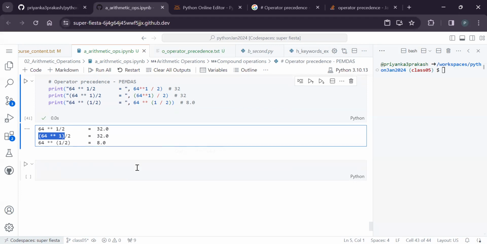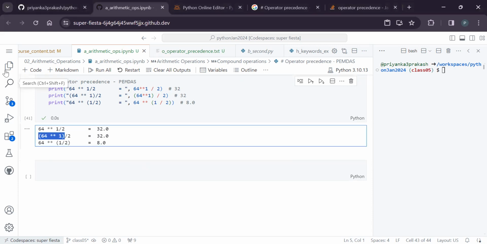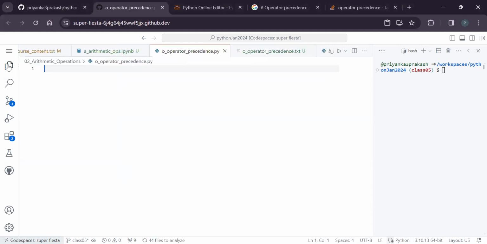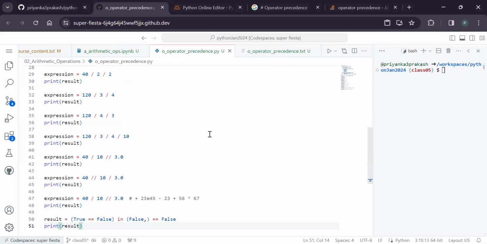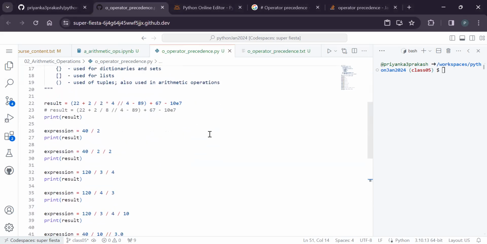Similarly, I have an assignment for you in terms of PEMDAS. You can try different kinds of values to understand how PEMDAS works. You understood the basic PEMDAS flow. I gave different operations.